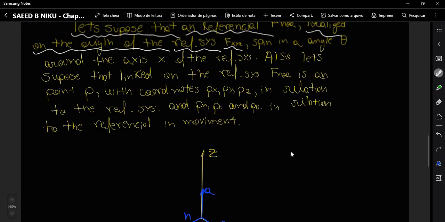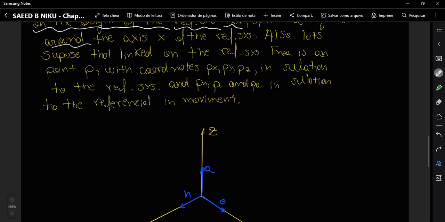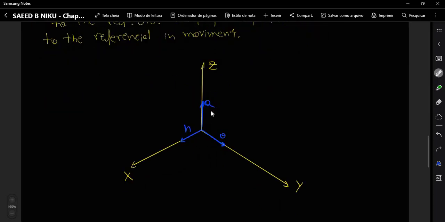Okay, and spinning at an angle around this axis X of the reference system is a vector... Let me say that again.